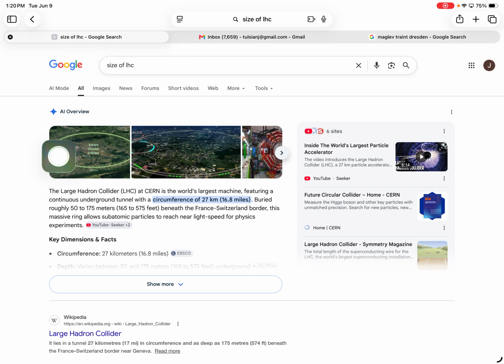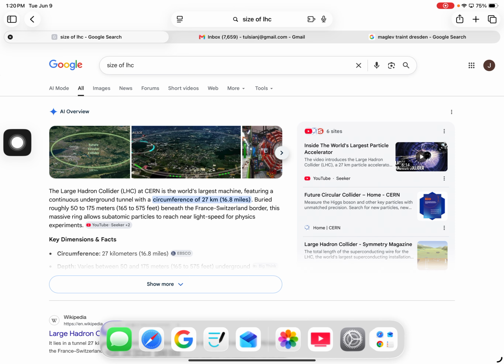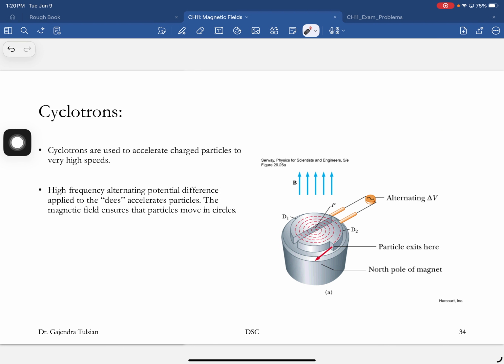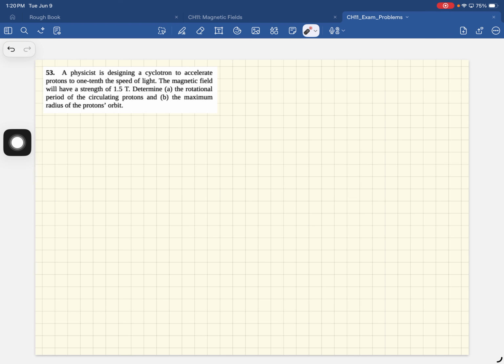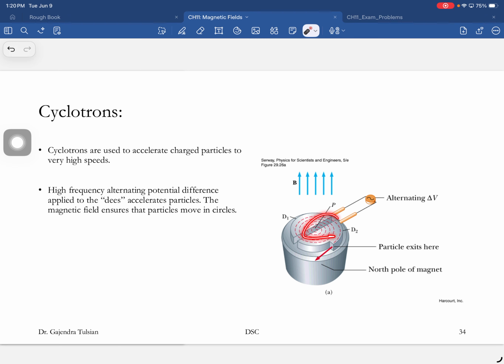3 times 10 to the 7 meters per second. So that is going to give you the size of this cyclotron.